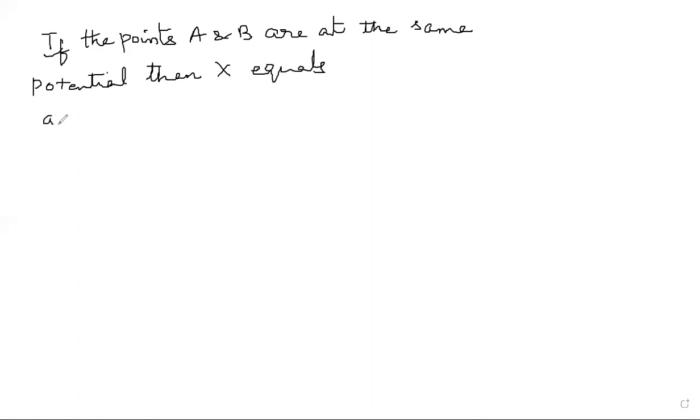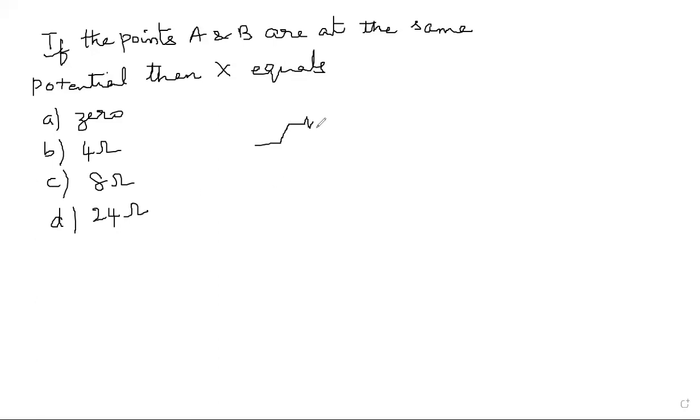So option A is 0, option B is 4 ohm, option C is 8 ohm, option D is 24 ohm. Okay, the circuit they given like this.